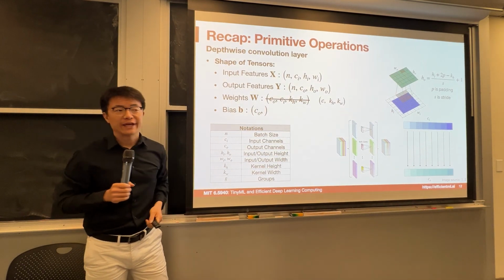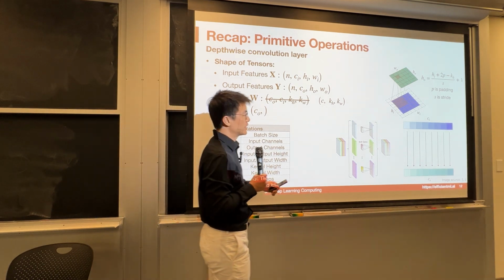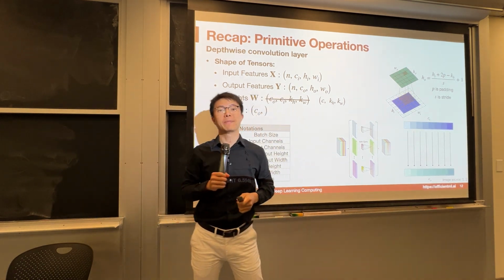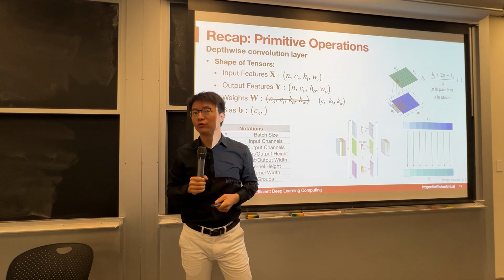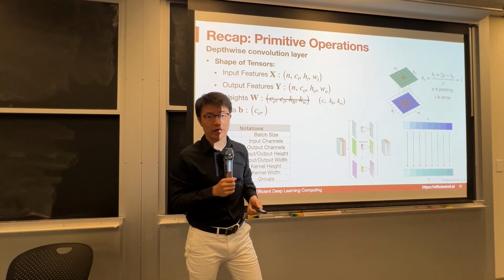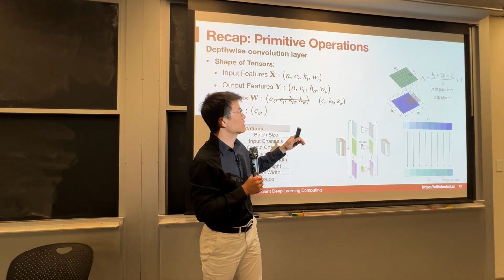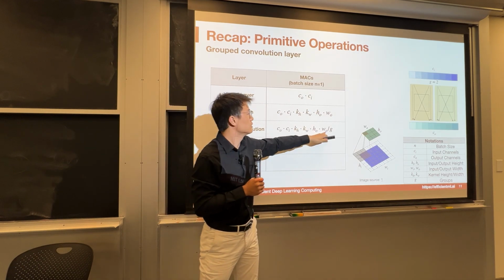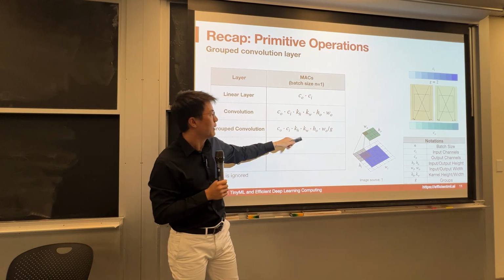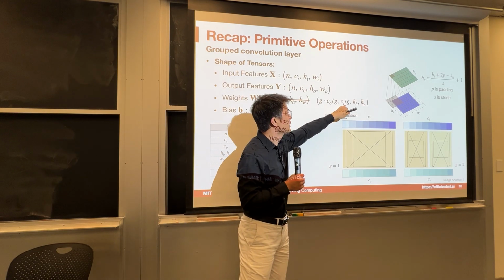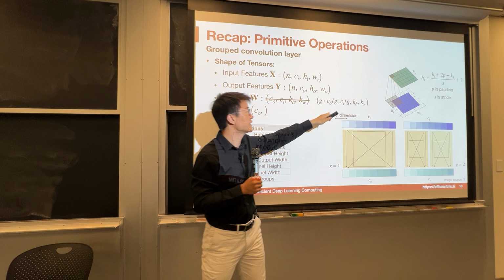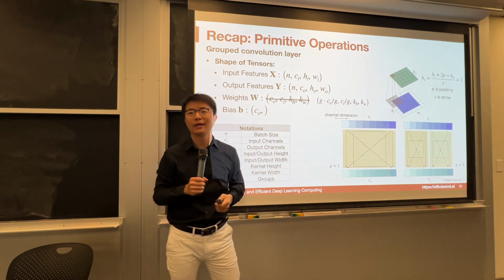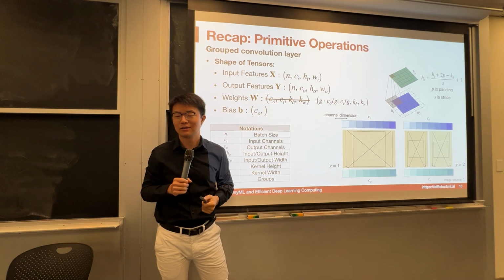Another extreme case is depth-wise convolution, where the number of groups of a group convolution is equal to the number of channels, so that we completely eliminate one of the dimensions. Like here, if G is equal to Ci, then Ci divided by G will be equal to 1. So we no longer have that dimension.